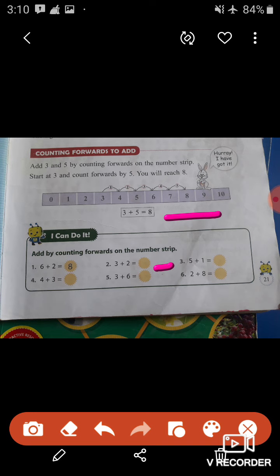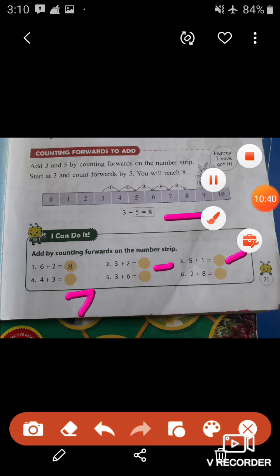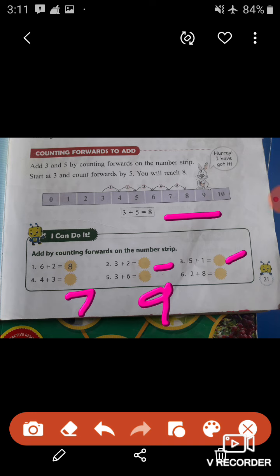After 5, 6. 4 plus 3, 5, 6 and 7. 3 plus 6, 7, 8, 9. So here the answer will be 9. In the last, 2 plus 8. We have to count 8 more than 2, so we count from 3: 3, 4, 5, 6, 7, 8, 9 and 10. So here we get 10. So this was the answer.